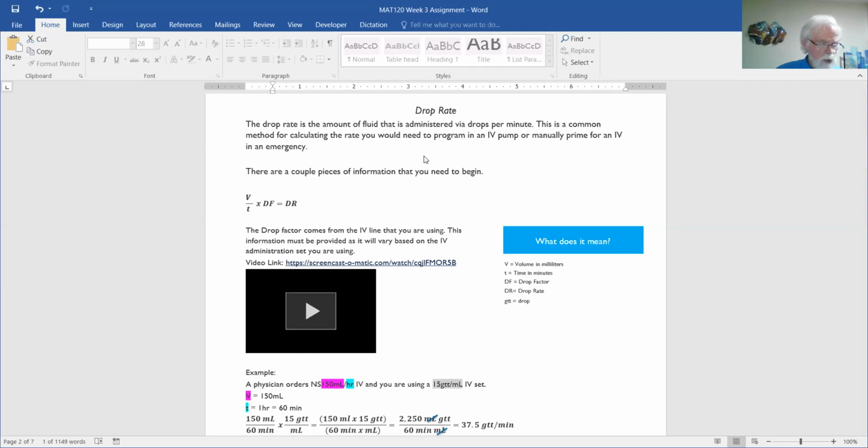If you're sitting in a chair, that's going to be below the heart, so you have to have the bag at least 36 inches above the patient's heart. A patient lying in a hospital bed, pretty much the arm and the heart are on the same level, but we have to make sure of that.